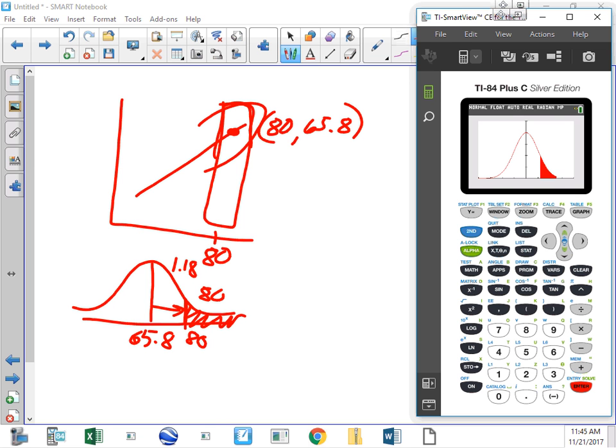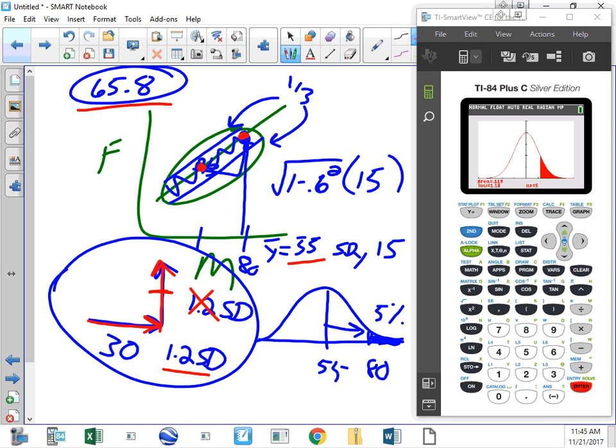And last time I did this, I ended up with what, 8.5%? And now I have 12%. So, the first time I ended up with 5%, but now we're looking at people who did better on the midterm, which means they'll probably also do better on the final. Yeah, 11.9, 12%.